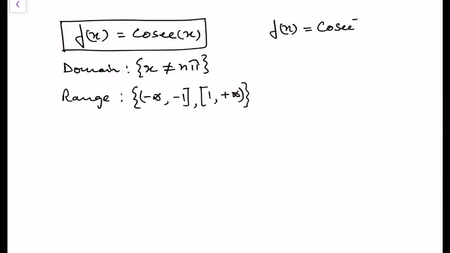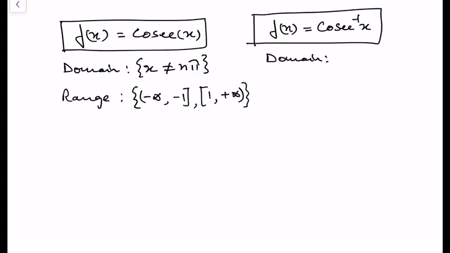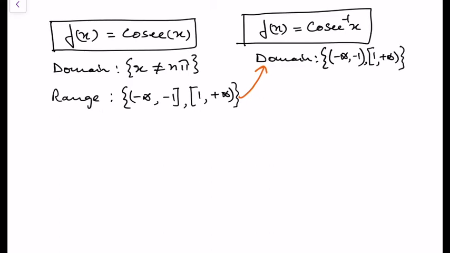So for the function f(x) is equal to cosec inverse x, the domain will be the range of cosec x, that is minus infinity to minus 1, and then 1 to plus infinity. And the range of an inverse function is always the reduced domain of the original function.